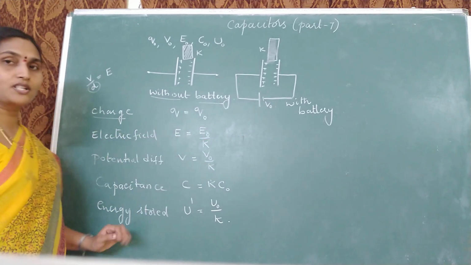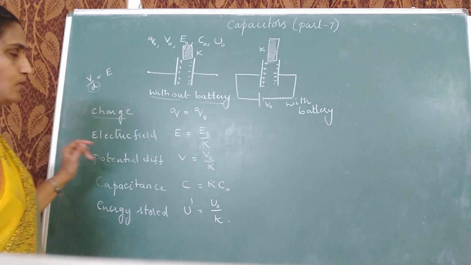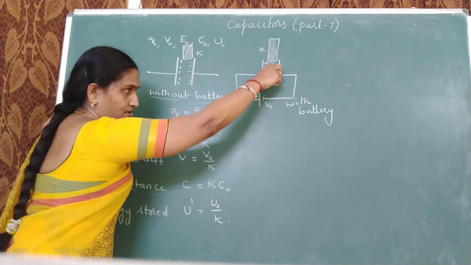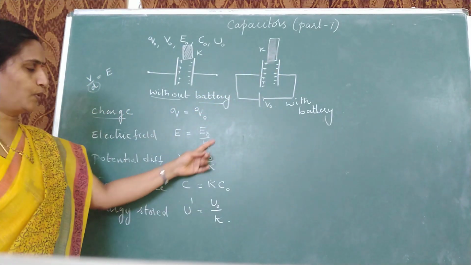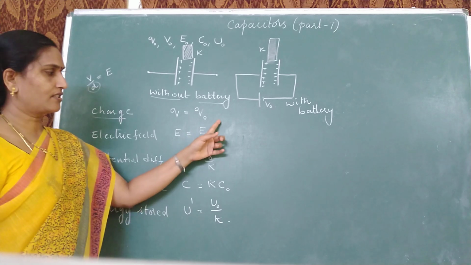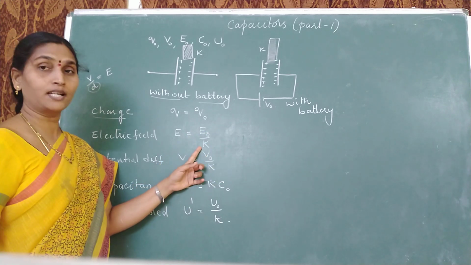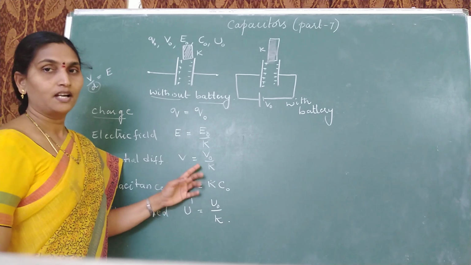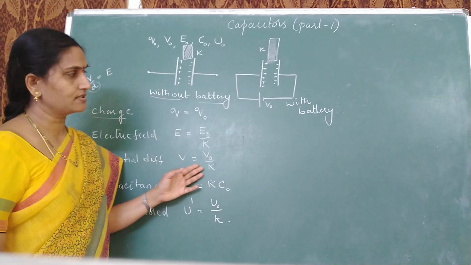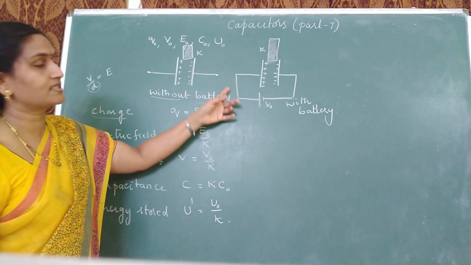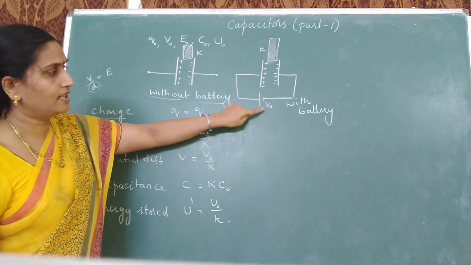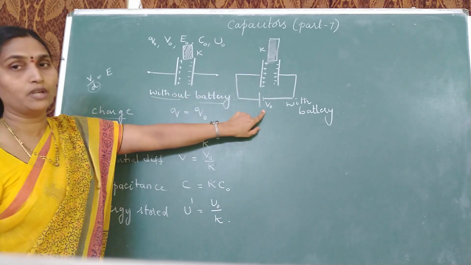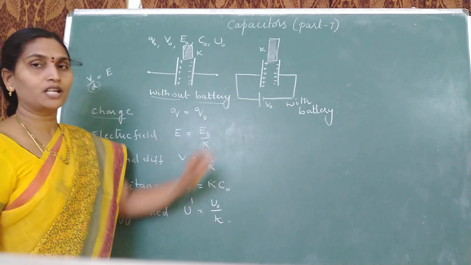So if the battery is still connected to the circuit, now look at this. As you introduce this dielectric slab, the process will be seen. Field tries to decrease by K times. Potential also will try to decrease by K times. As soon as potential decreases, this battery will start supplying the charges until potential becomes equal to V naught. Again, I am repeating the statement.